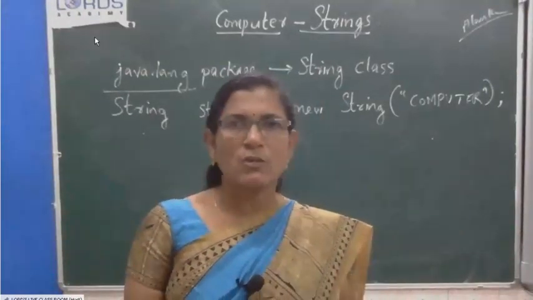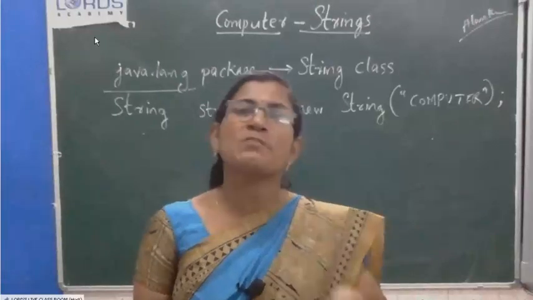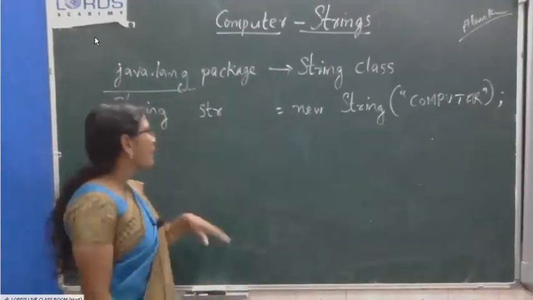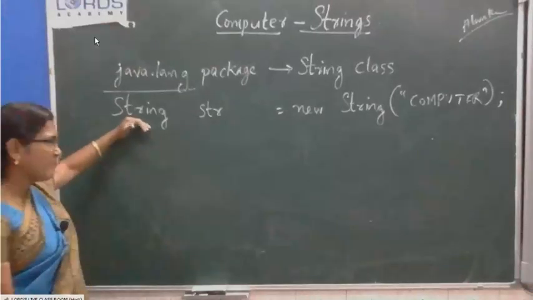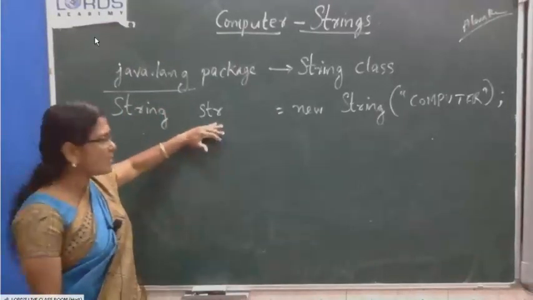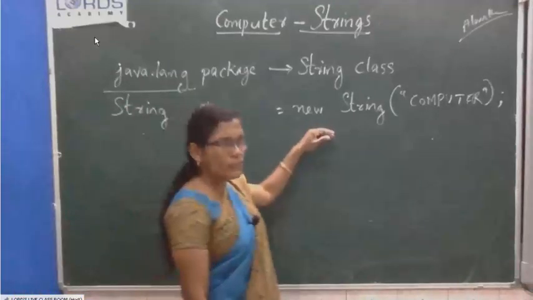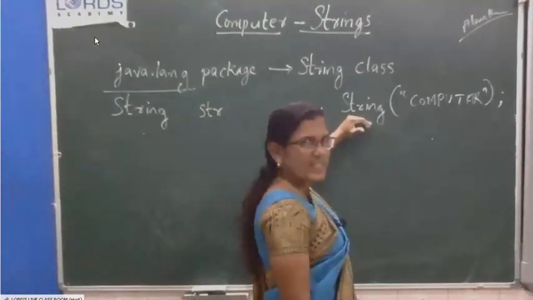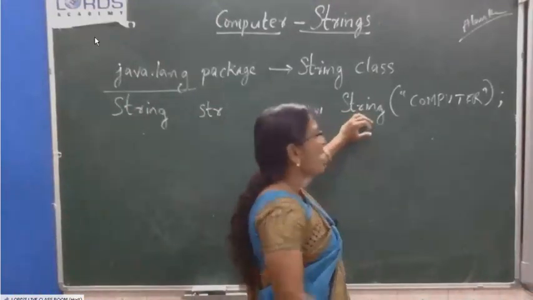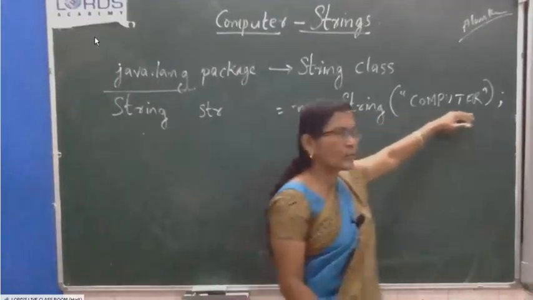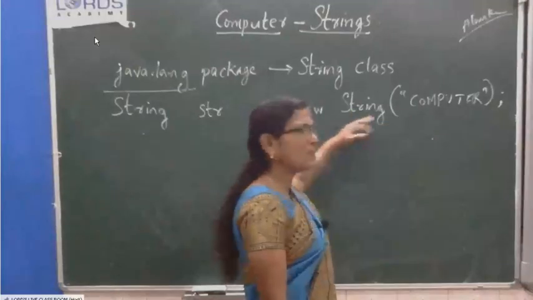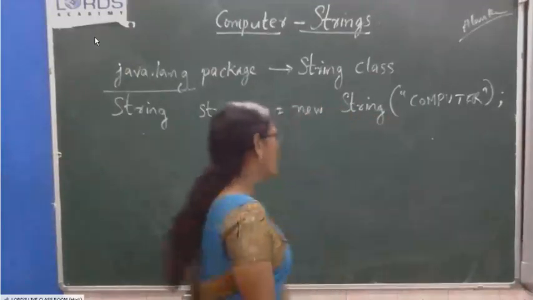So, another syntax is string class name followed by variable name, that is object name, equal to new class name. You are invoking the constructor, and to that constructor you are passing the string literal as an argument.